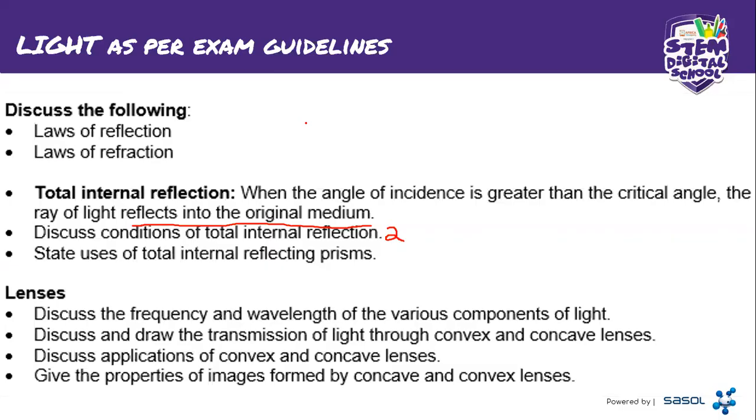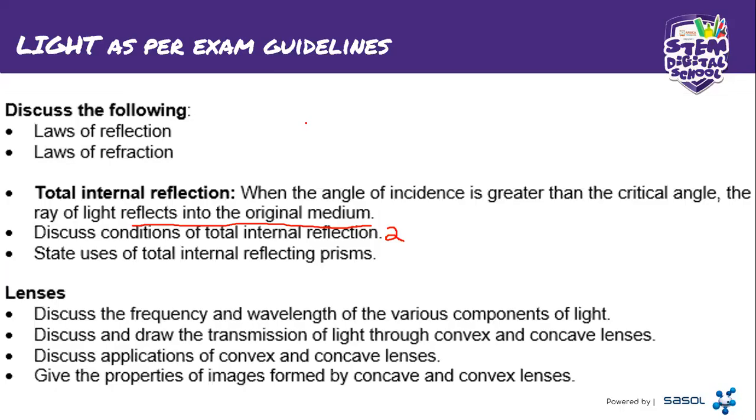Then we have the laws of refraction. In the laws of refraction, number one, it must also talk about the relationship between the angle of incidence and the angle of refraction. And then it has to talk about the normal, the incident ray, and the refracted ray. So let's start. What does it say?